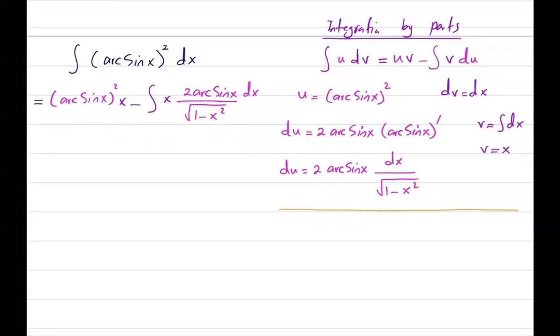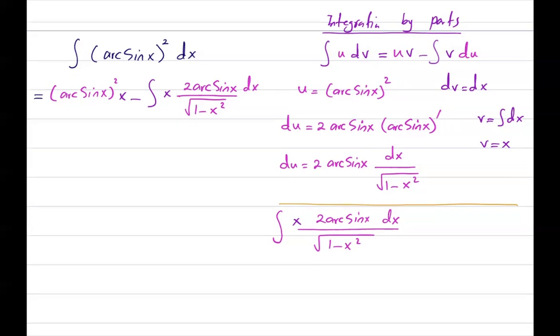In calculating the integral of x times 2 arcsine x dx divided by square root of 1 minus x squared, I'm going to try my best to see if I can simplify this further.